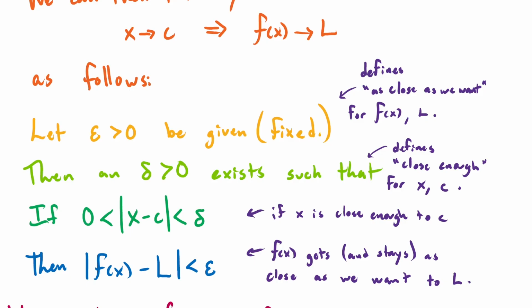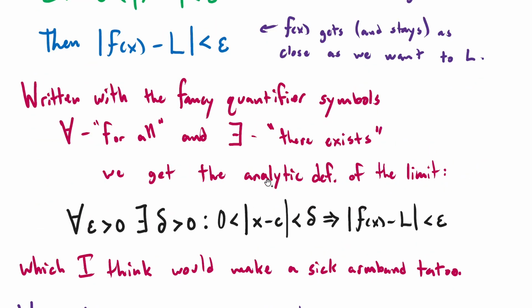Now, if you're the kind of person that's just in love with squiggles, you could write this in one fell swoop with the universal quantifiers for all and there exists, which looks like this.